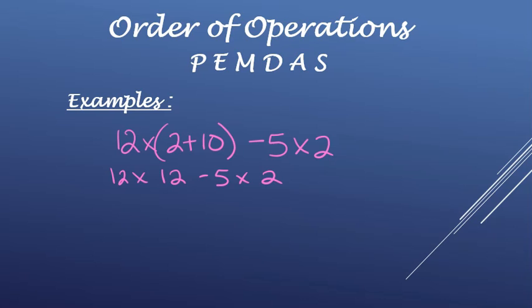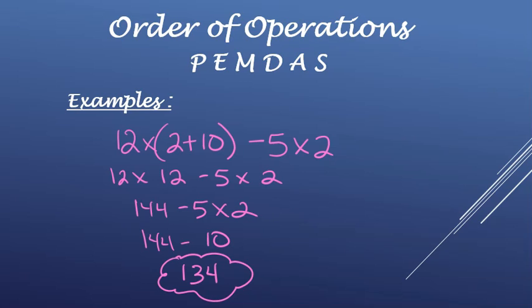So again, we need to do multiplication left to right. So 12 times 12 is 144, minus 5 times 2. Now, do we do the minus or the multiplication first? Well, according to PEMDAS, multiplying and dividing go before adding and subtracting. So 144 minus 10, and then that turns out to be 134.